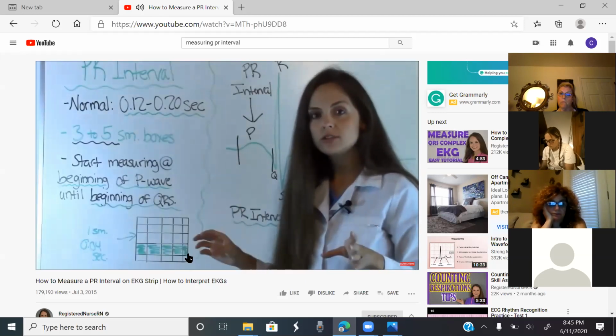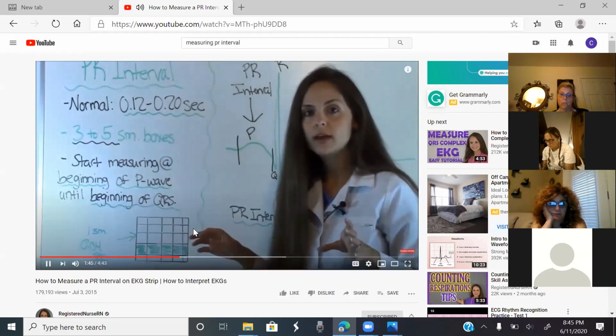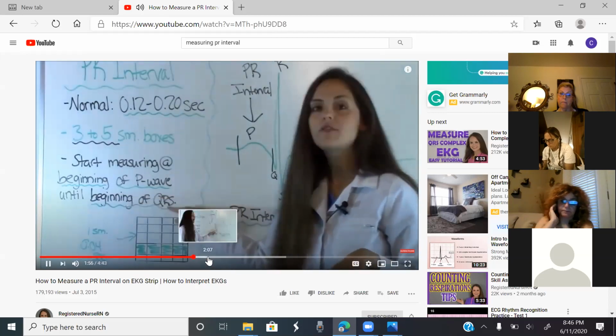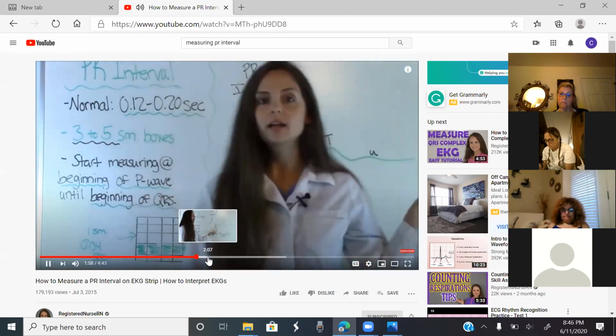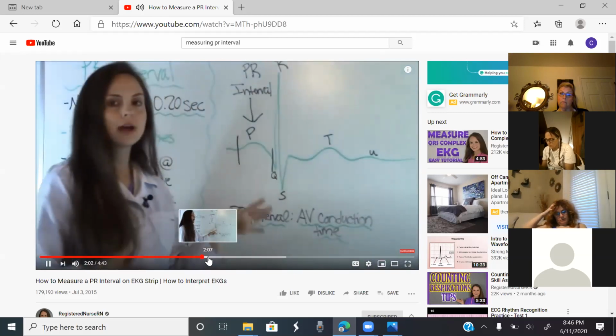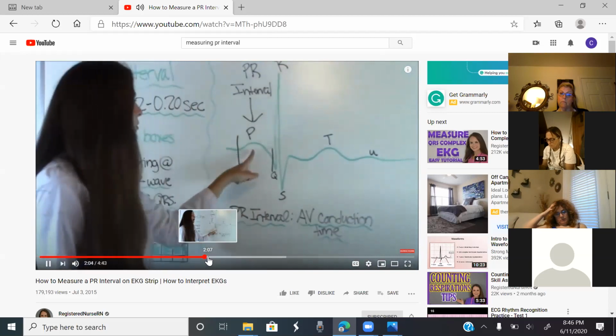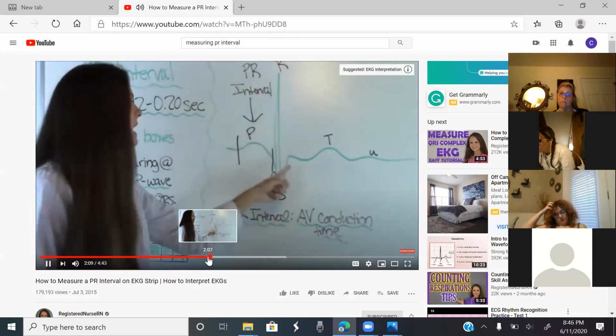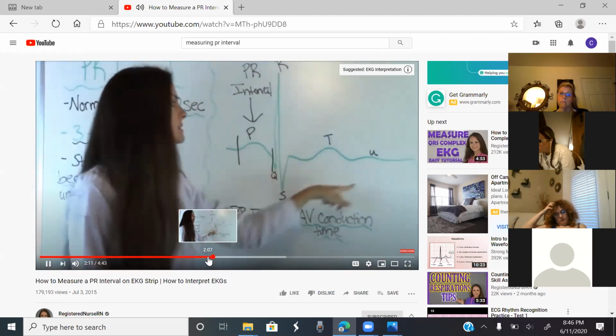So when you're measuring that, which we'll do a little bit later, you want to make sure that your PR interval measures within 3 to 5 small squares until the beginning of the QRS complex. Right behind me, I have a sample PQRS complex. It's blown up so you can see it better. You have your P wave, your QRS complex, then your T wave and sometimes a U wave.